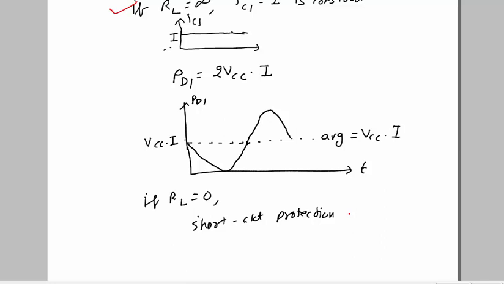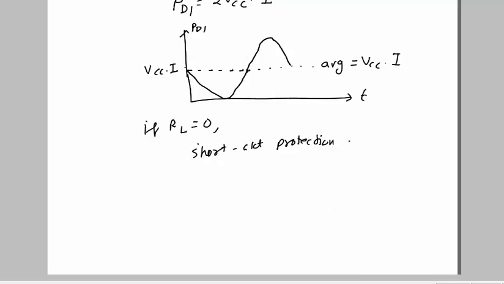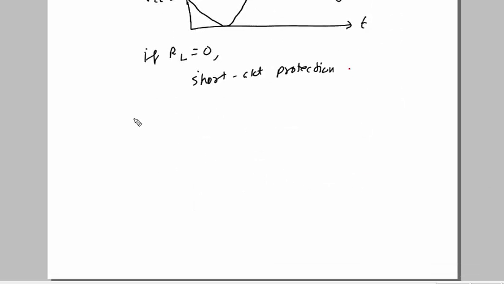Now power dissipation in Q2 should also be considered while designing. Why? Because Q2 conducts a constant current I. Now if we write KVL around transistor Q2, we can write plus V0 minus VCE of Q2 plus VCC equals 0.